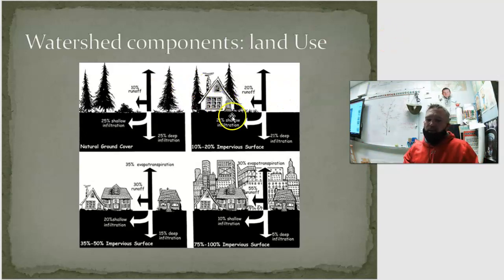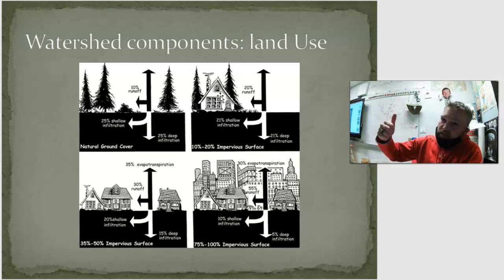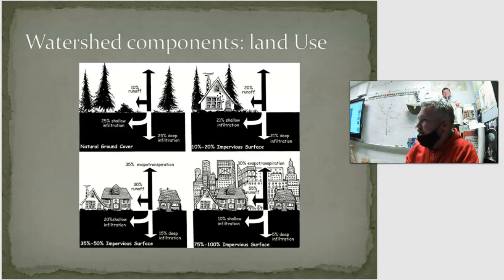Then if we start to build houses in the area, so this is like light urban development basically, you'll now get 20% runoff. So now you're already up 10% of your runoff, and it goes bye-bye, and then you downgrade your water that gets into the soil, which it's not going down a lot, but it does go down a little bit. And notice that you're basically at like 62% somehow.